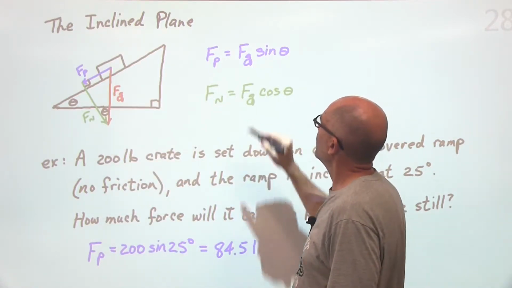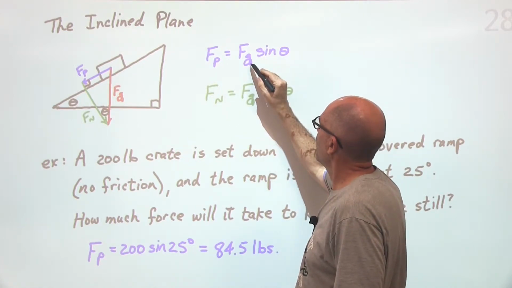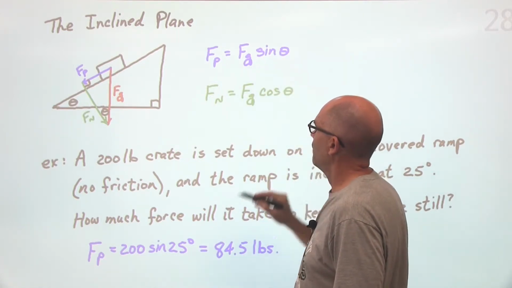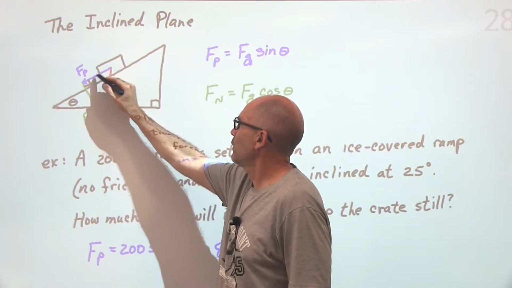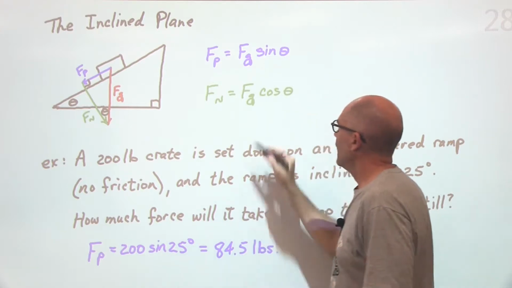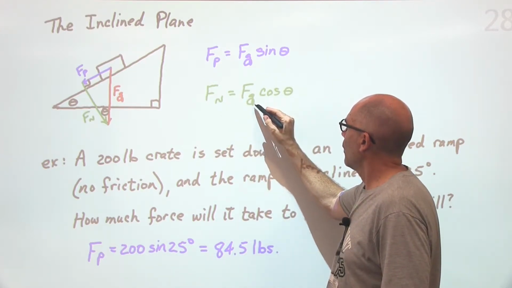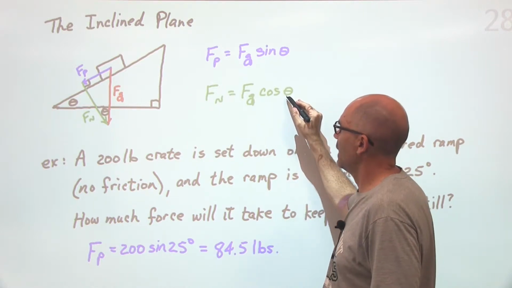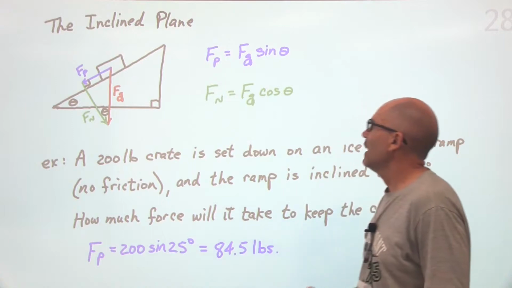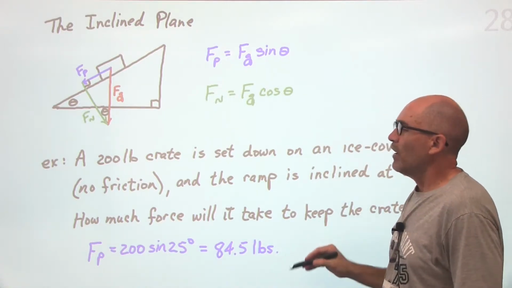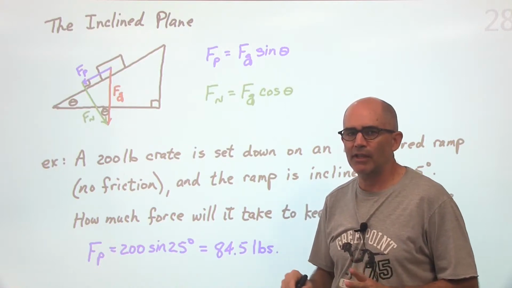If I want the force parallel, that's gravity times sine of theta, because opposite over hypotenuse will give you the blue. And if I want the force normal, then I go gravity times cosine of theta, because the green is the adjacent side. Now, we are only going to be dealing with the force parallel to the ramp in this course.